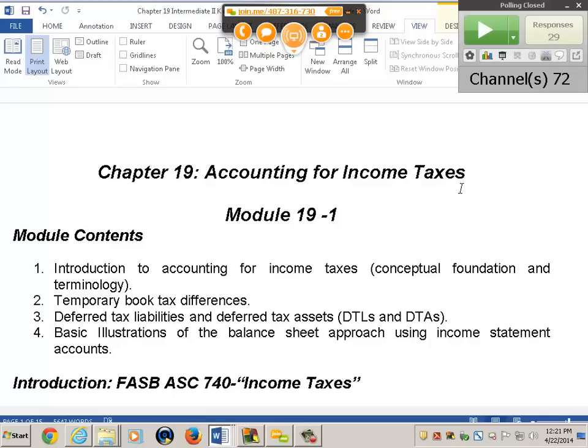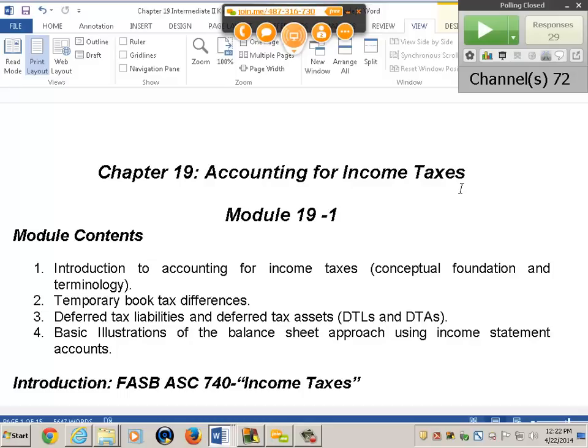Tax expense is based on GAAP income before tax, and the traditional income statement model is for matching. So we try to match tax expense with GAAP income before tax.